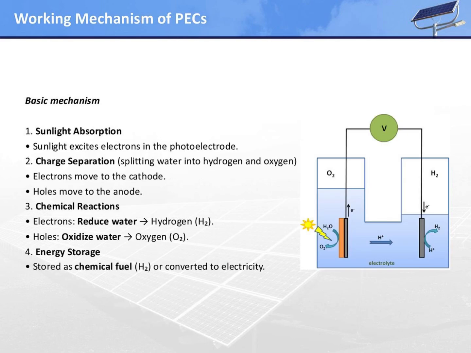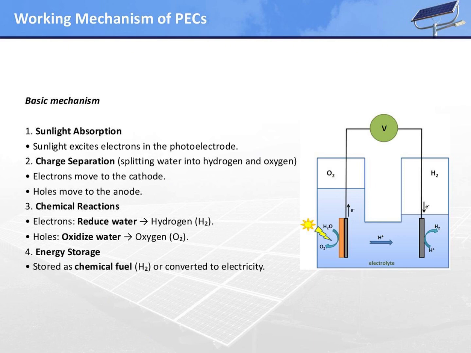So what is the mechanism? The mechanism starts with sunlight striking a semiconductor material called the photoelectrode. The energy from sunlight excites electrons in the material, creating electron hole pairs. These charges are separated. Electrons travel towards the cathode, while the hole moves towards the anode.